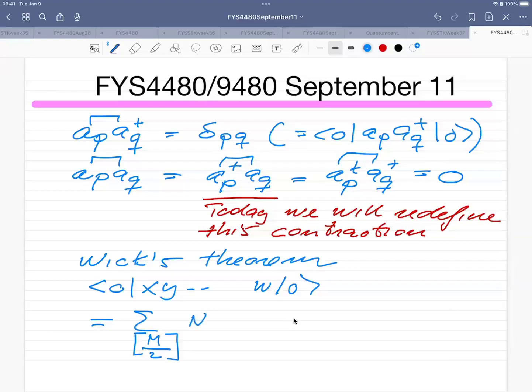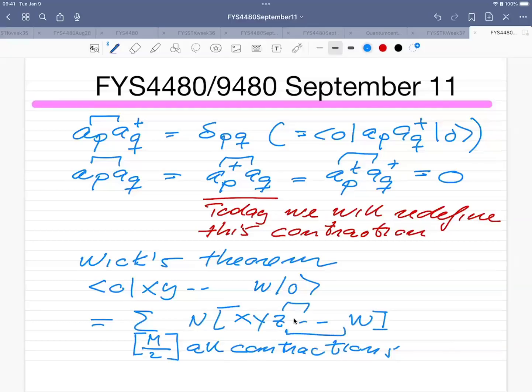And then we have the set of all contractions, so all contractions between pairs of operators. So we have X, Y, Z, up to some W. And then we just label this one by putting all possible types of contractions.